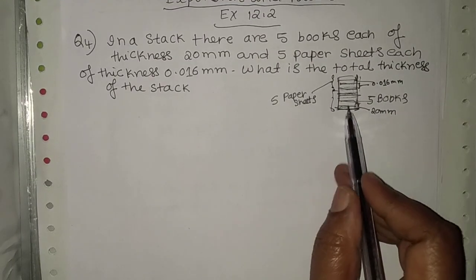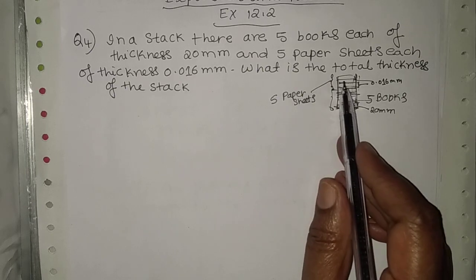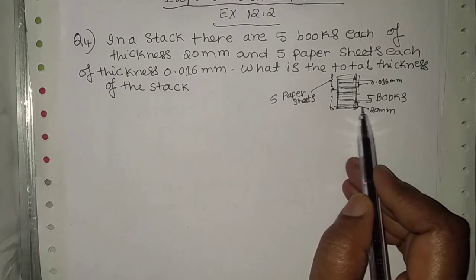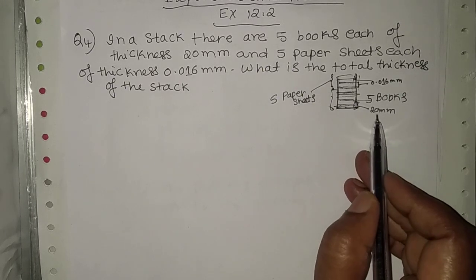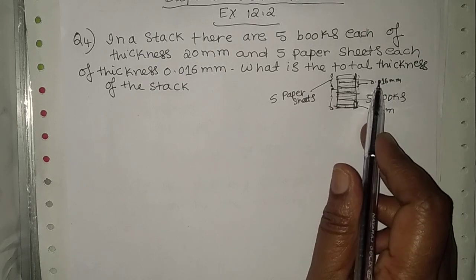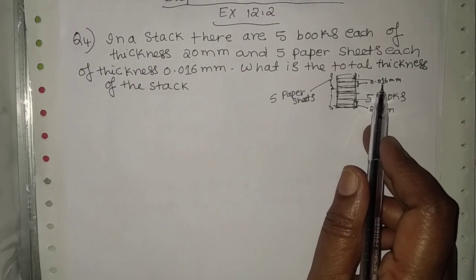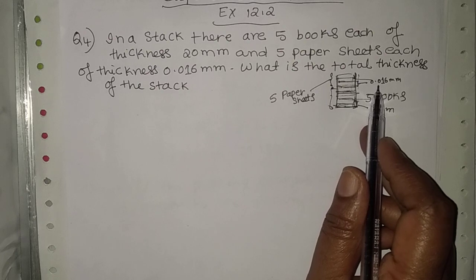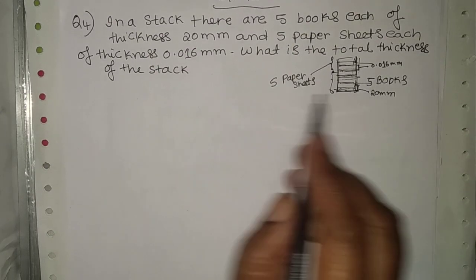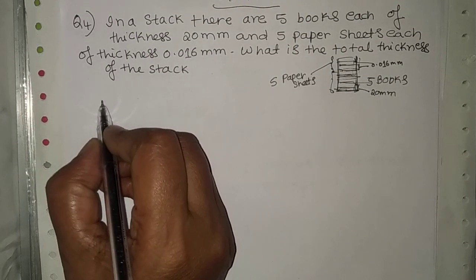So this is the stack which contains 5 books and 5 sheets of paper, where each book is 20 millimeters and each sheet is 0.016 millimeters. We'll start the problem here.